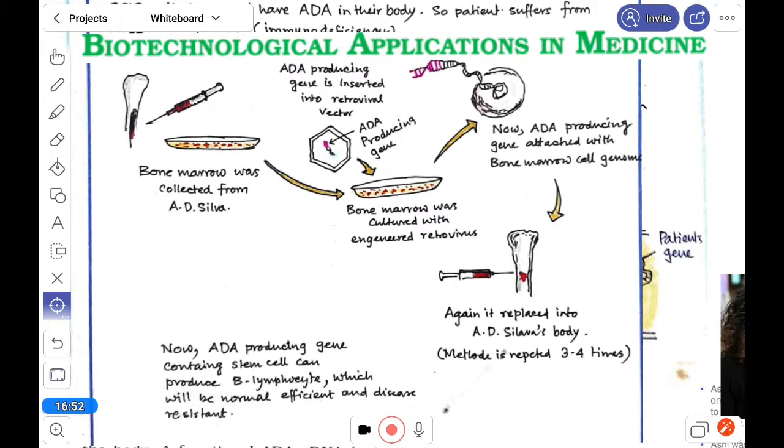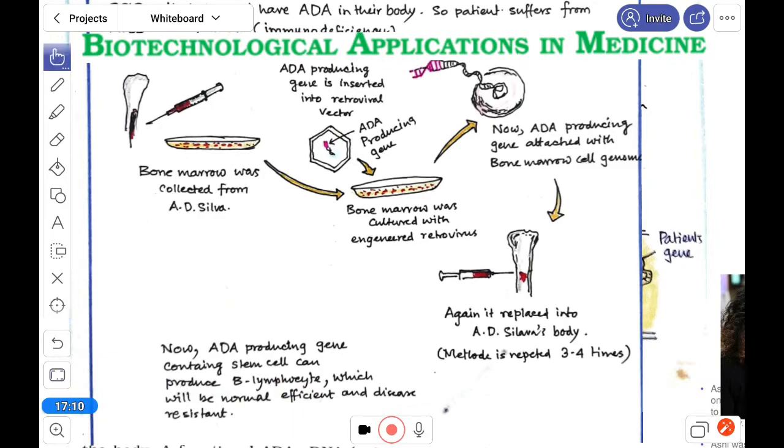Now what will happen: the ADA producing gene, when contained in the stem cell, can produce B lymphocytes. When they are normal, then the body can very easily resist disease.